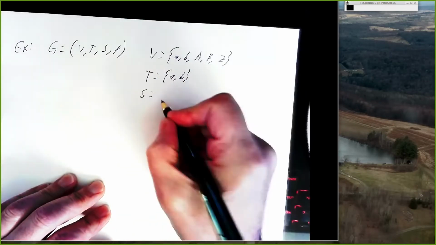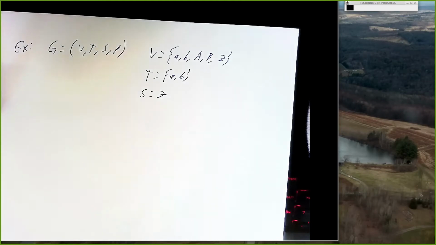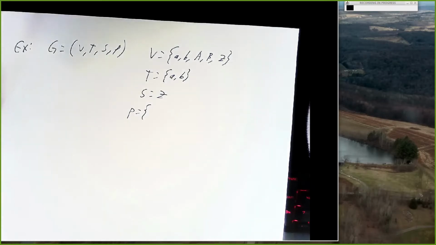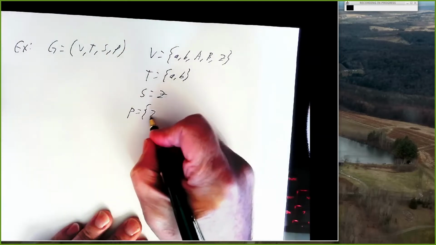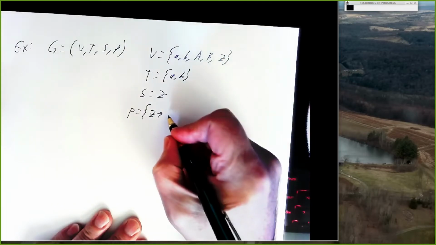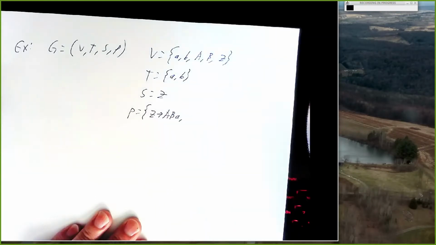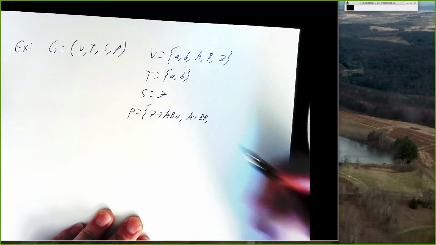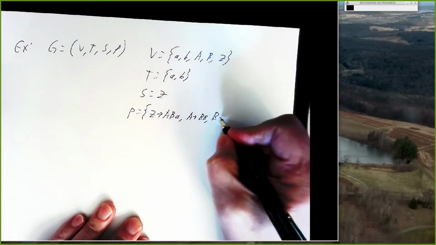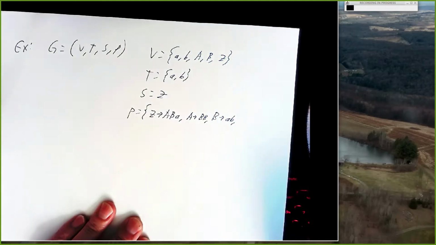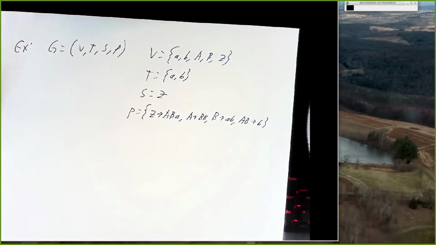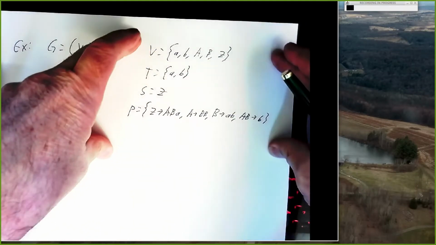Our start symbol will be this symbol Z. And our production rules will be the following. Production rules basically describe how one string can change into another string. So a Z can change into a big A, a big B, and a little a. That's one production rule. A big A can change into 2 big B's. That's another rule. A big B can change into a little b, and a big B can change into a. So you're given these, and these 4 things describe a grammar.